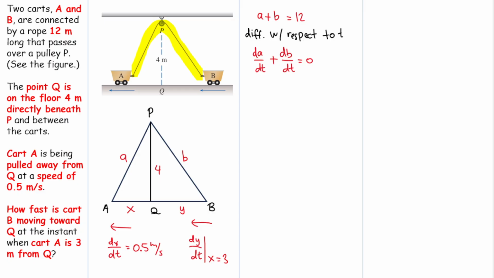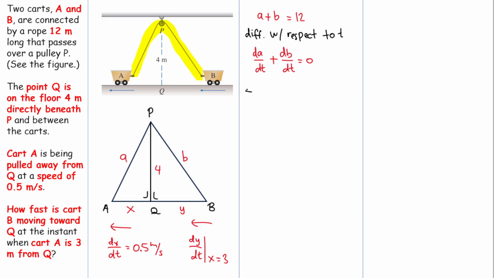But I want to see these two right angle triangles. We have AQP with the right angle at Q like this, and then PQB with a right angle also at Q like this. And we can apply the Pythagorean theorem to both of them, right?